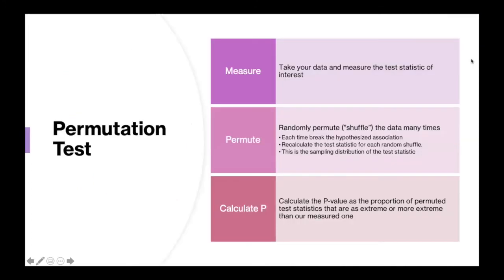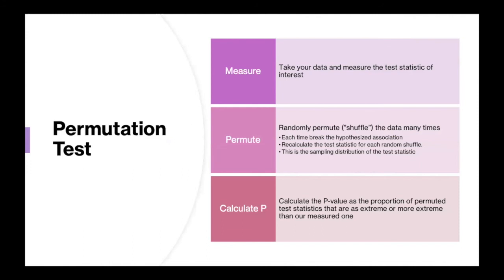So how does this work? Well, the basics of a permutation test involves 3 steps. The first is to take our data and measure some test statistic or measurement that we're interested in with the data. Next, we permute the data, or we randomly shuffle the data so that we're reorganizing it in a way that breaks the hypothesized connections in the data.